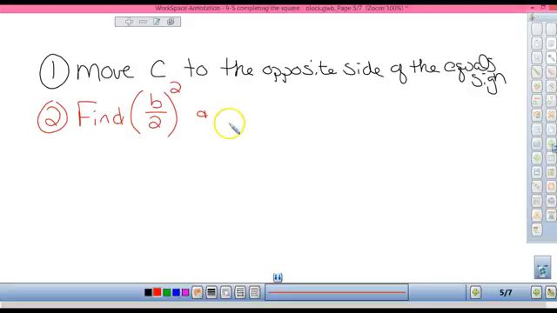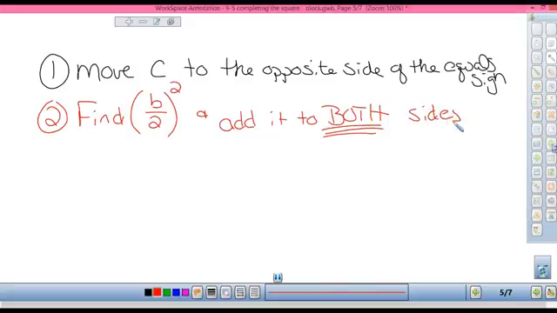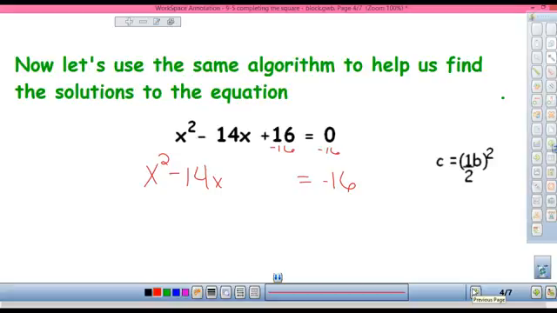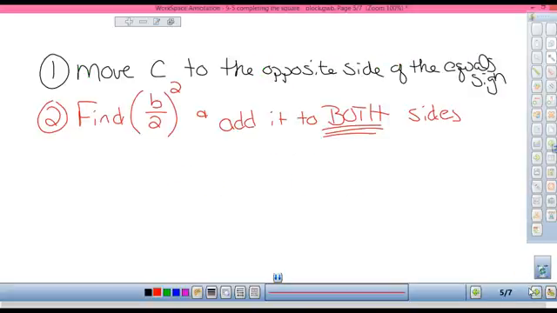So find b divided by 2 squared and add it to both sides. Is that written in your notes? All right, I'm just looking out for you.